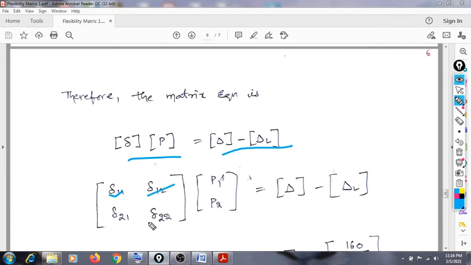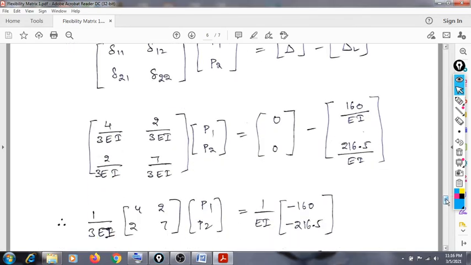Here we know that P1 and P2 are the loads, delta will be 0, and delta L we have found recently. So this is how we have 4 by 3 EI, 2 by 3 EI, 2 by 3 EI and 7 by 3 EI into P1 and P2, and we get like this.